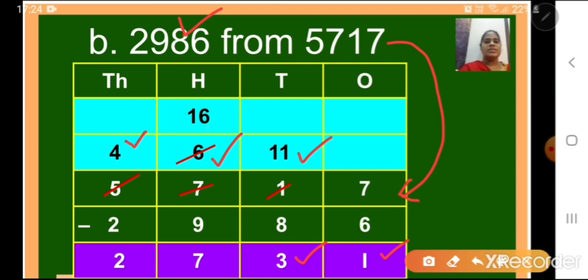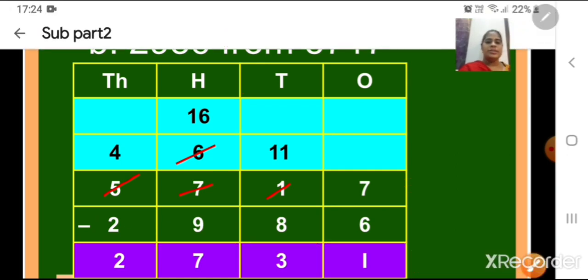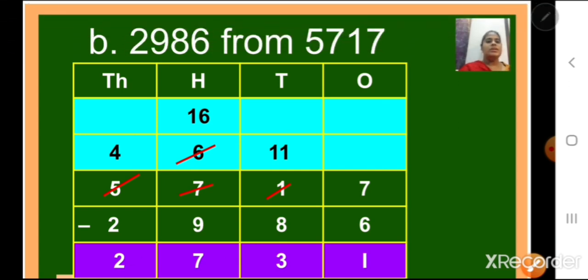Okay? And 6 will become 16. 16 minus 9 is 7. And 4 minus 2 is 2. So children, the difference is 2,731.